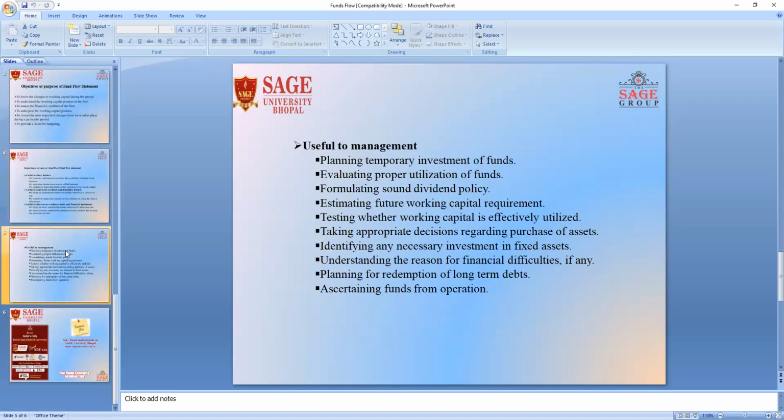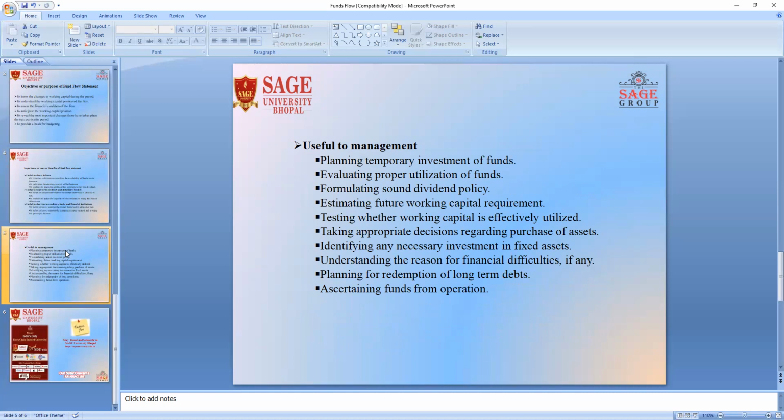And the other one is how it is useful to management. So with the help of funds flow statement, it helps in planning temporary investment of funds. At times, in order to utilize the opportunity cost, this statement helps us to plan in this aspect, and evaluating proper utilization of funds.